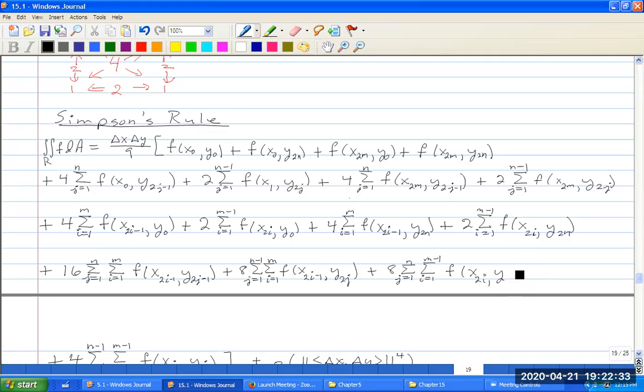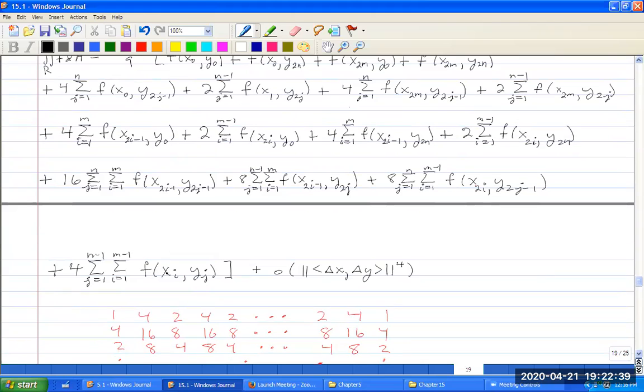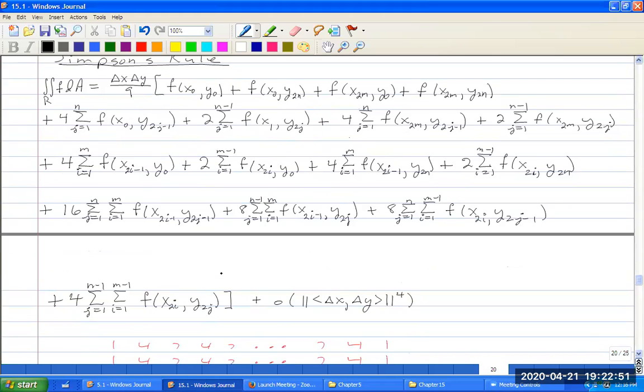Minus 1. 2j minus 1. That's a 2, and that's a 2j. So this is actually after it's been simplified. So this is Simpson's rule.